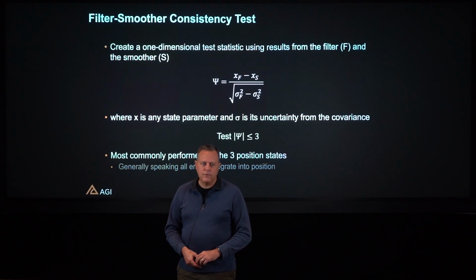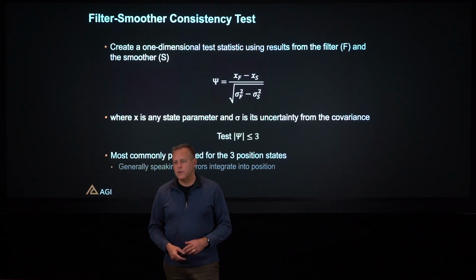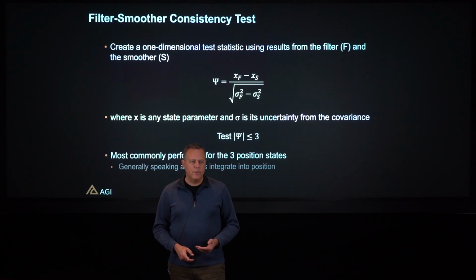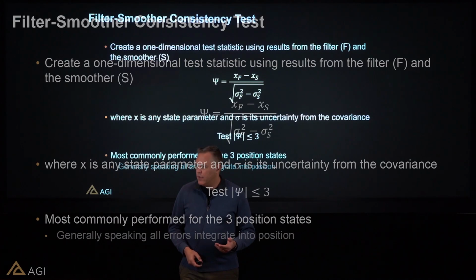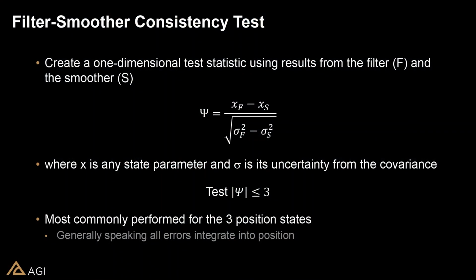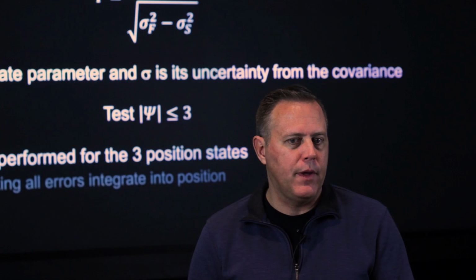The filter smoother consistency test is a test statistic that looks like this. I can take any parameter in my state space, call it x, and I can take the estimate of that parameter from the filter, that's our xf. I can take that same estimate from our smoother, call it xs, and I can difference those two and say, we know they're not going to agree because the smoother had more information than the filter. It has a better answer.